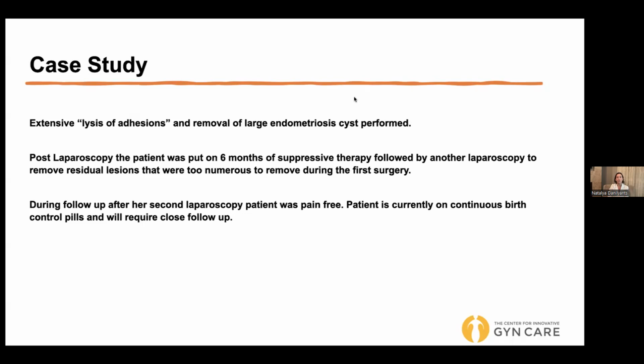If it has a pattern that's centered around your period, then we're thinking of more of a GYN cause. But sometimes you just have to go down the list, right? So you see a gastroenterologist, they do an evaluation, everything comes back normal, then maybe you do the laparoscopy to rule in or out a GYN cause.